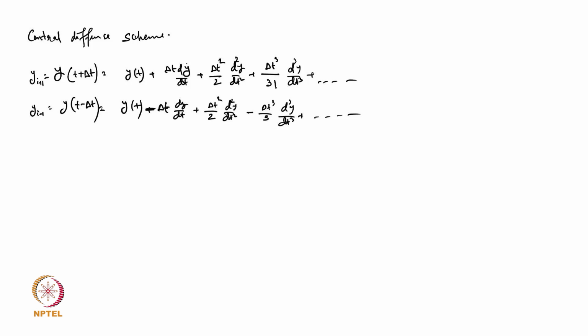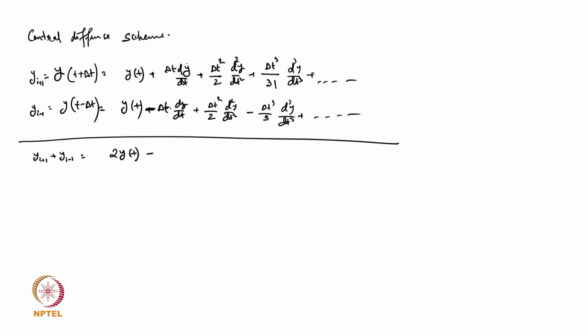Now what can I do? Add both the things. Try to add those two up. So these two will cancel out while we are adding them up.